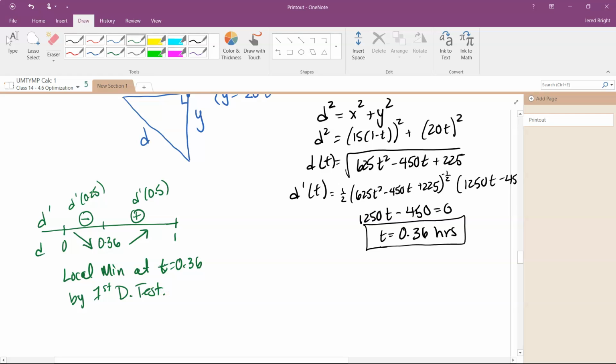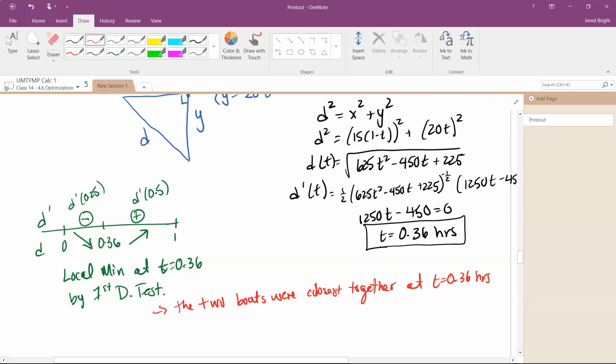All right, so what does this mean for me? Ultimately, this means that the two boats were closest together at t equal to 0.36 hours.